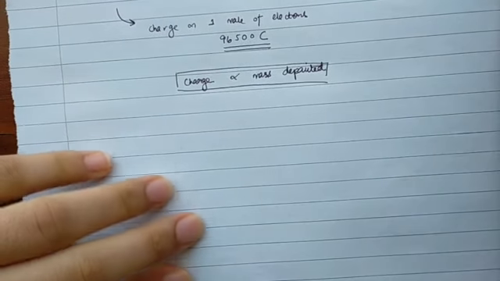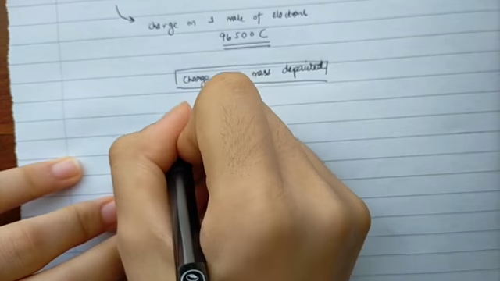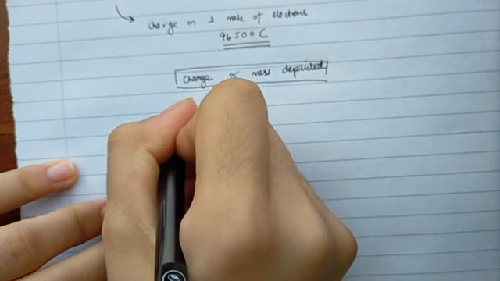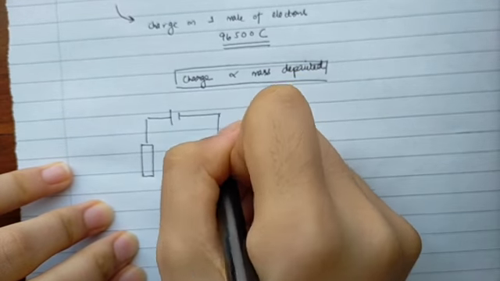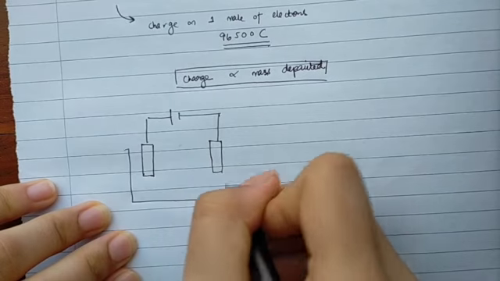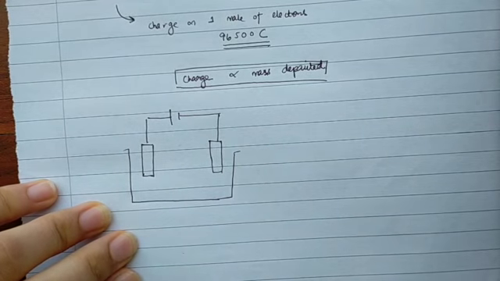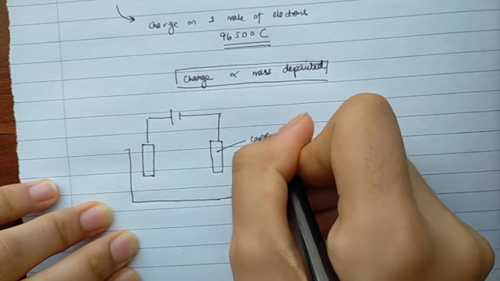Well, if you look at this very standard example of electrochemistry, if you have 2 electrodes, 2 copper electrodes, this being the copper.